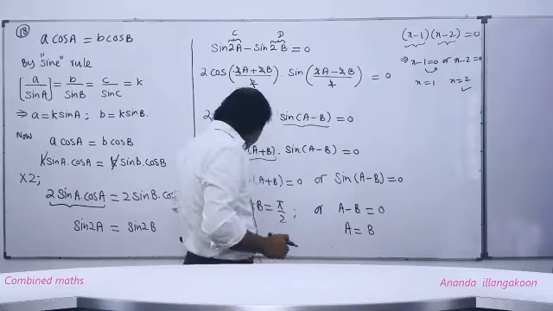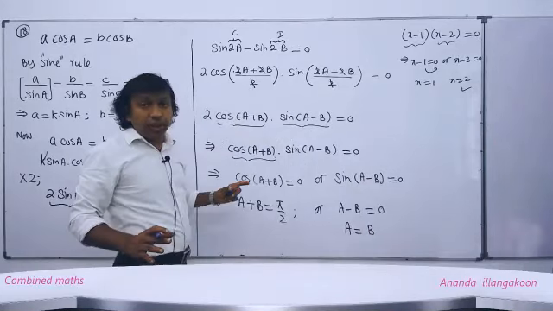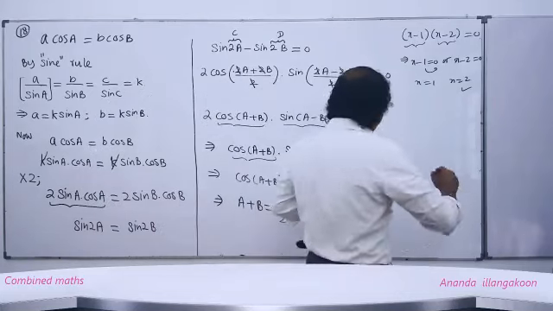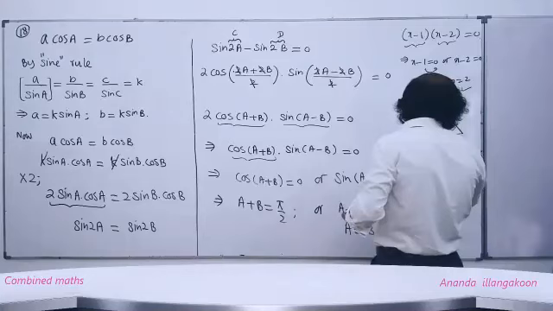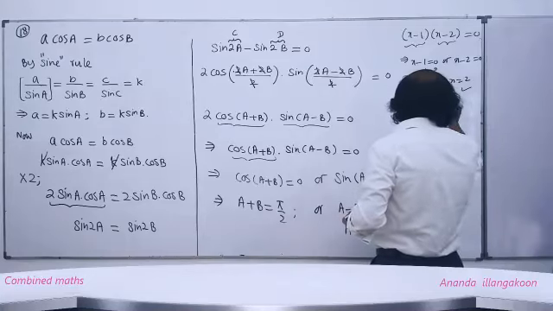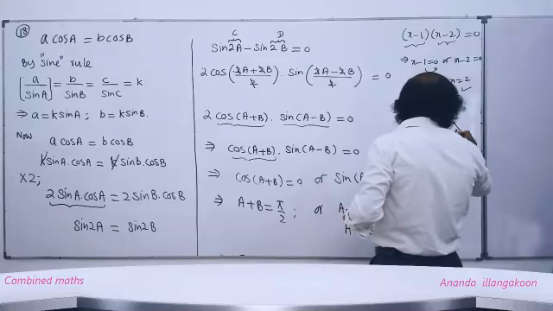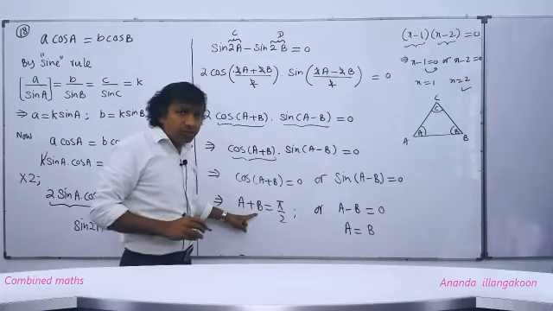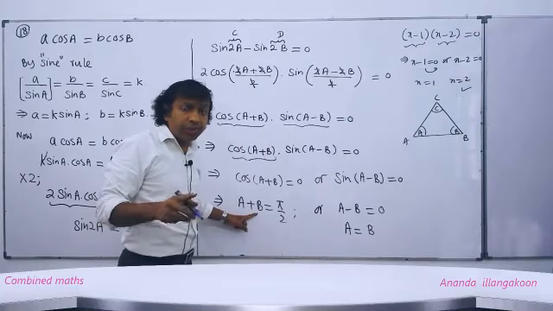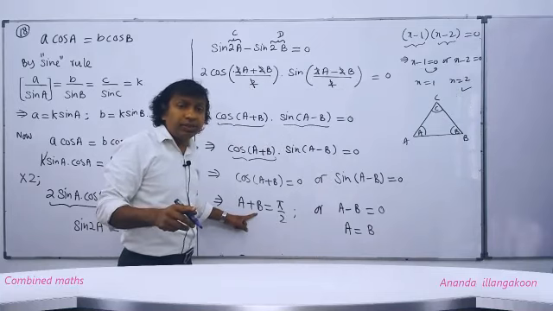Now how is this related to triangle ABC? Here A, here B, here C. This is angle A, this angle B, this angle C. Remember, the sum of the angles A and B is pi by 2, 90.